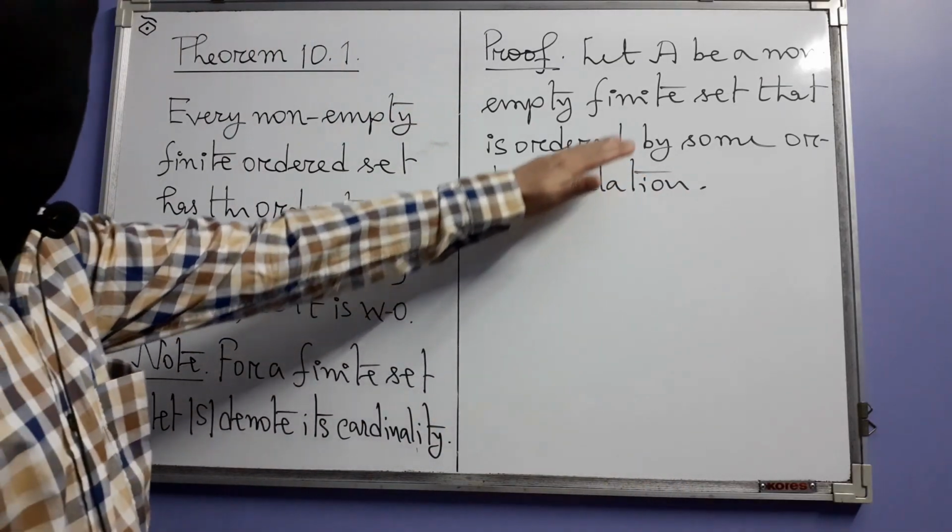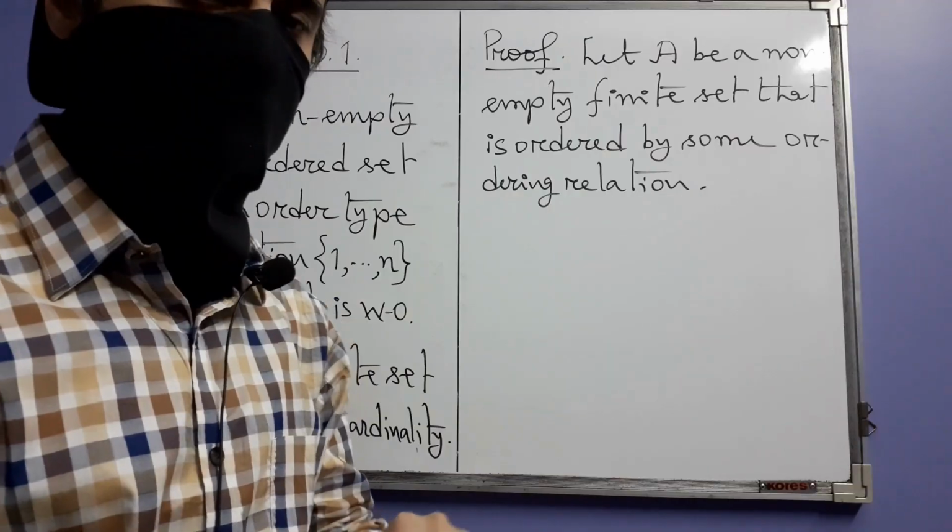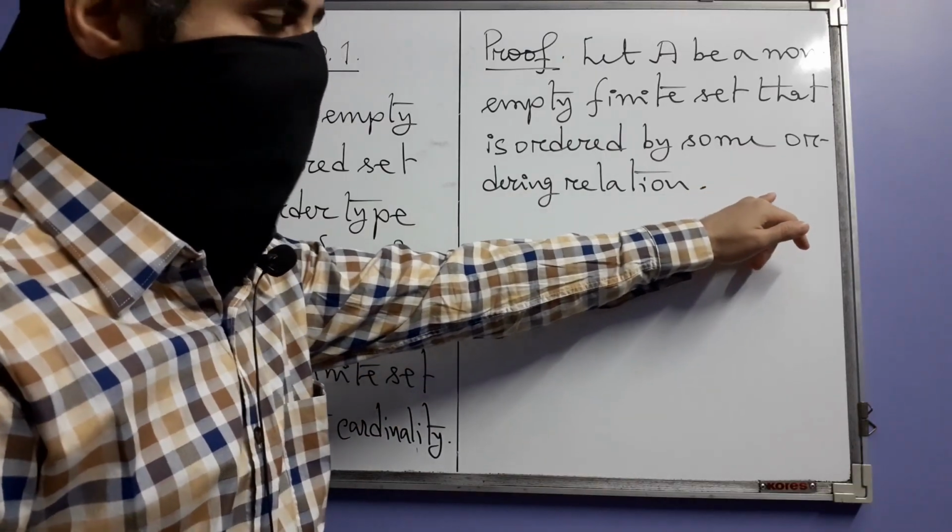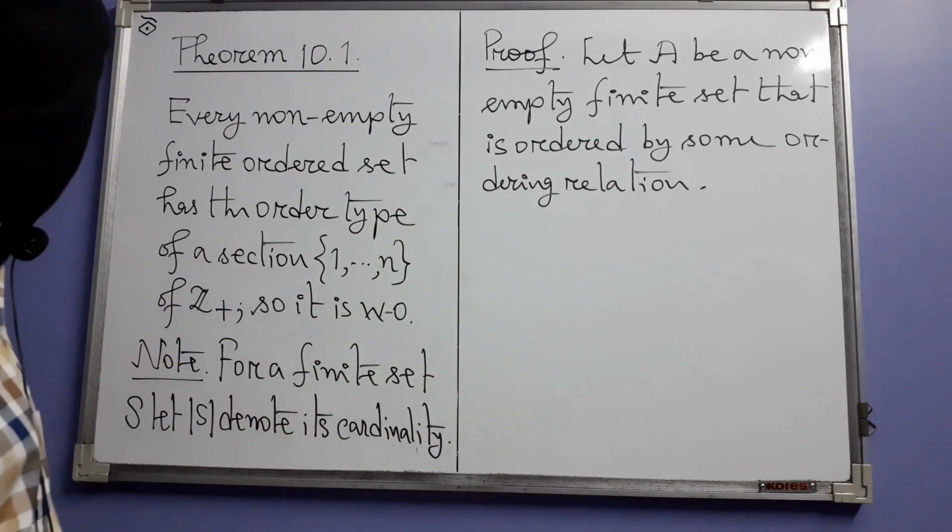We just need to know that A is an ordered set. We do not even have to write any symbol for the order in this proof.